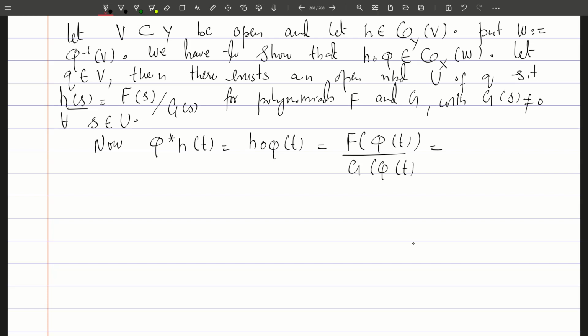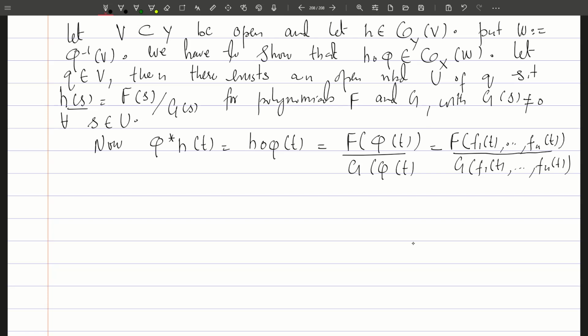Now phi is given by the n-tuple of regular functions, so we can write this as f of f1 of t up to fn of t over g of f1 of t up to fn of t.